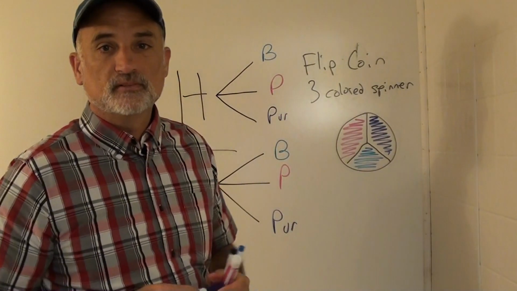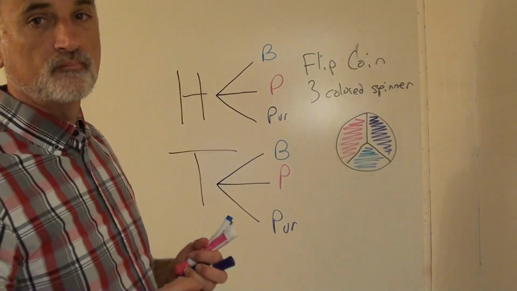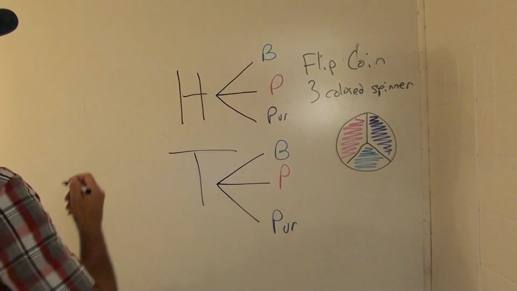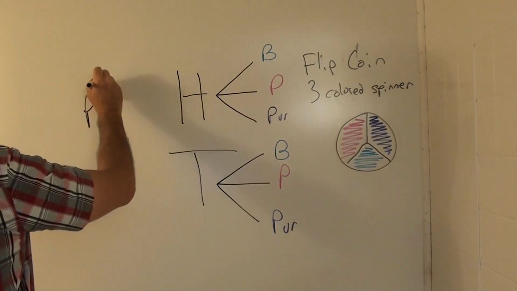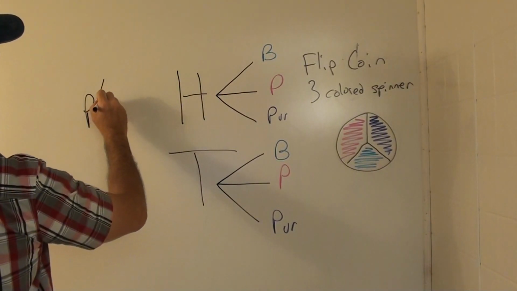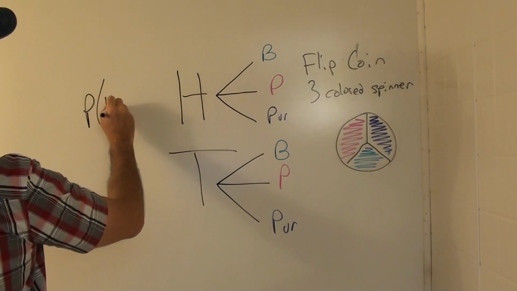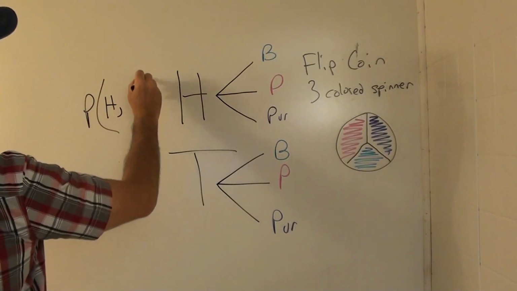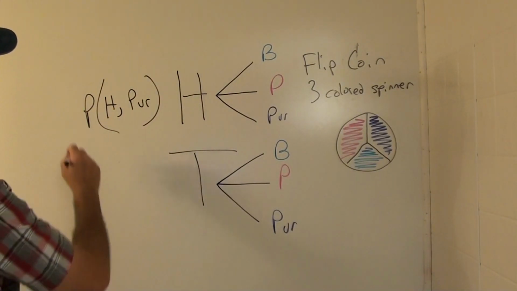Alright, so let's look at something. Let me back up a little bit here. Let's look at the probability of choosing a heads and a purple. What would that equal?